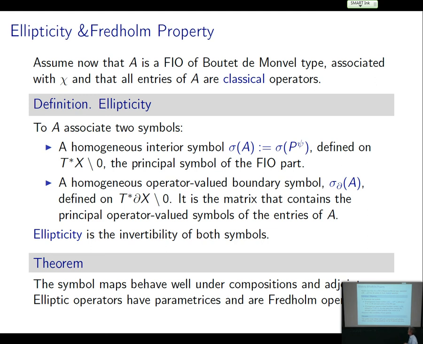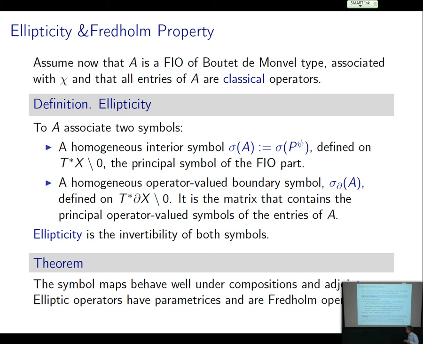You don't see anything. But then you can also define a homogeneous boundary symbol, which is a little bit simpler, but it's operator valued. So just as in the case of the usual operator, you have an operator valued boundary symbol, homogeneous on the cotangent bundle of the boundary. And in this case, it's a matrix formed from the principal symbols of the entries here.